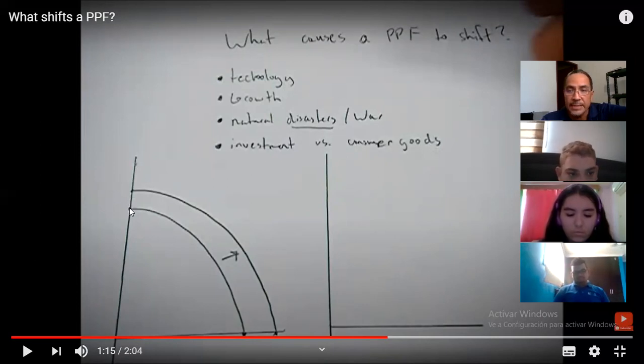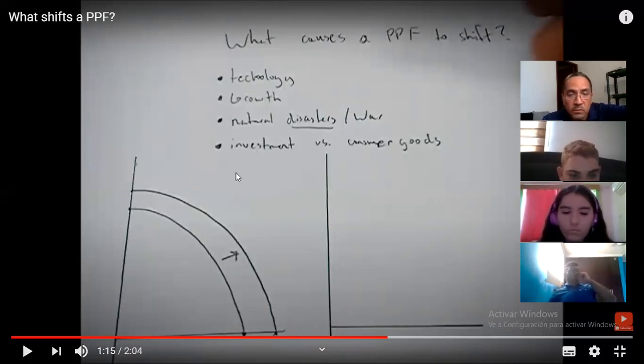From 60 sandwiches, because you bought a new machine, you move from here to here. Now you are able to produce 80 sandwiches, for instance, okay? That's what it means. Why? Because you had new technology or economic growth.